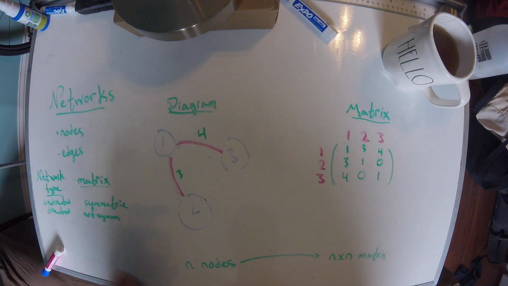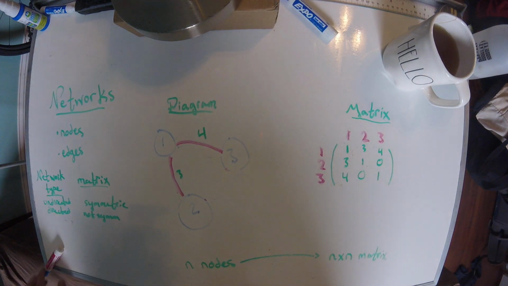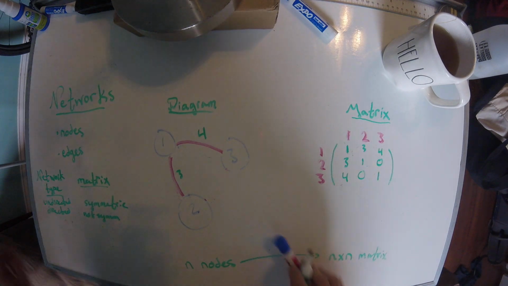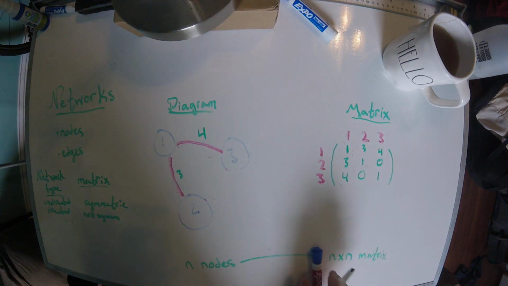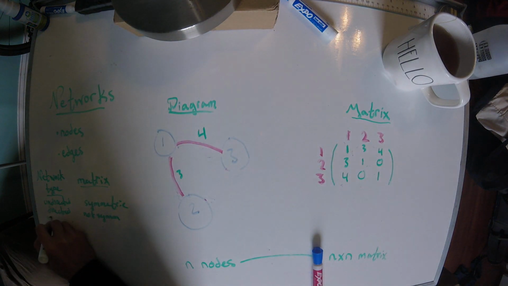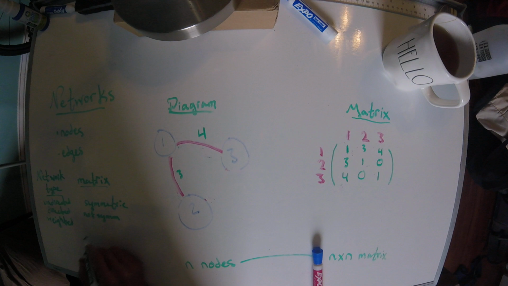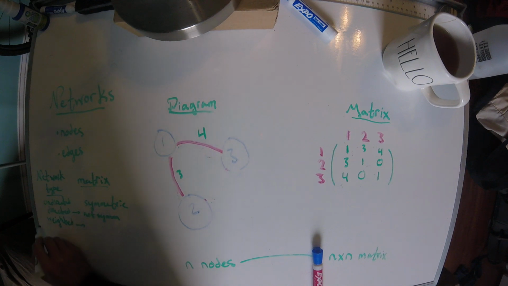I'm going to put this over here first. So I'll start with unweighted. These are the matrices that we had.